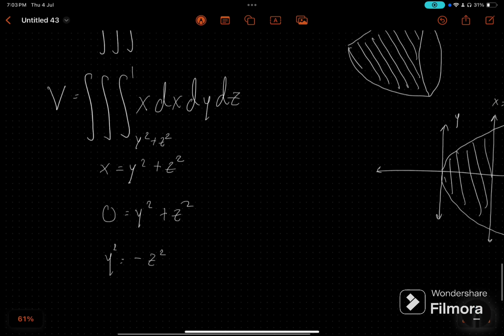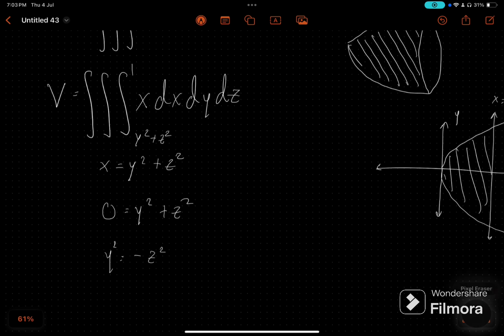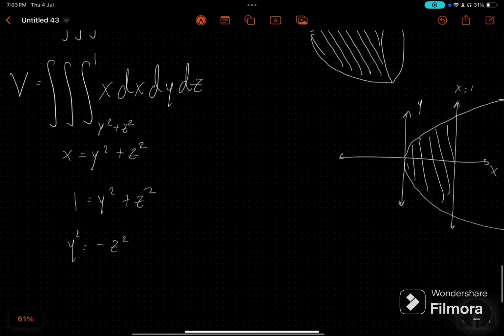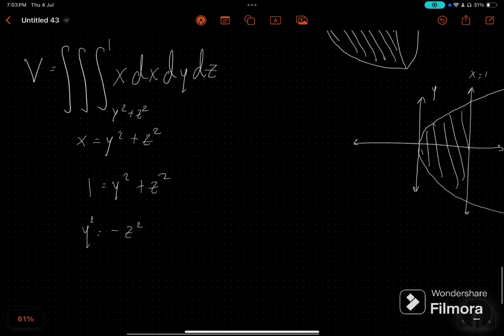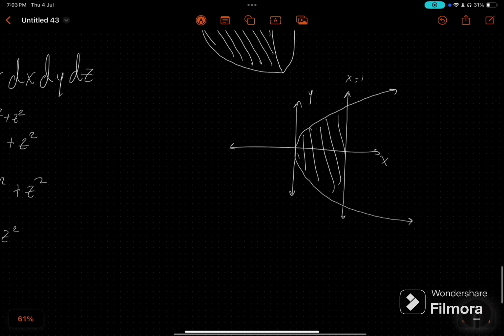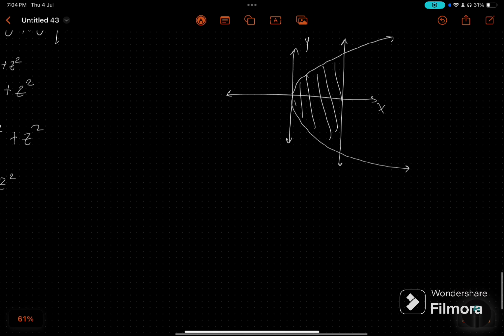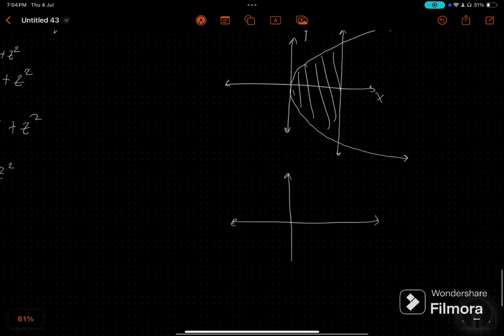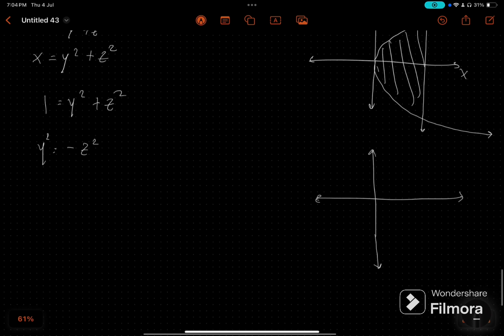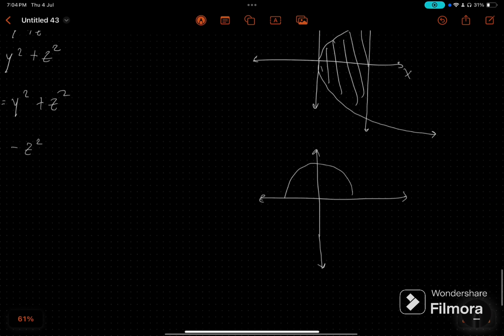So x equals 1. Maybe if we substitute x equals 1, let's think what we should do. When we substitute x equals 1, we're gonna get a circle.